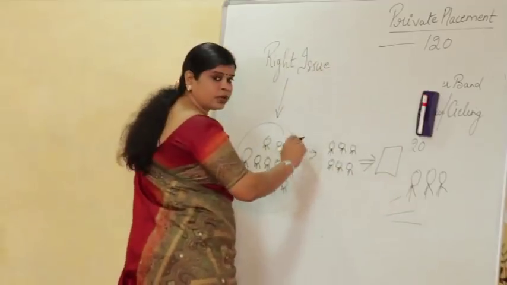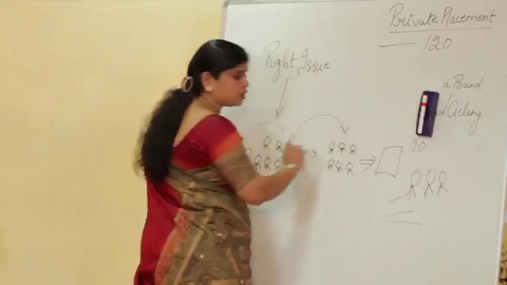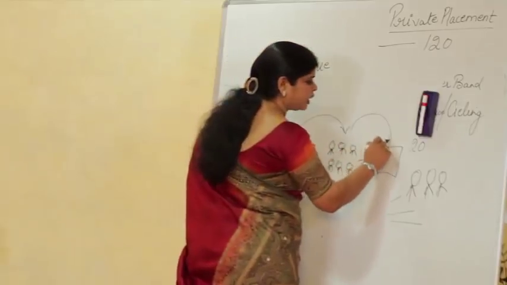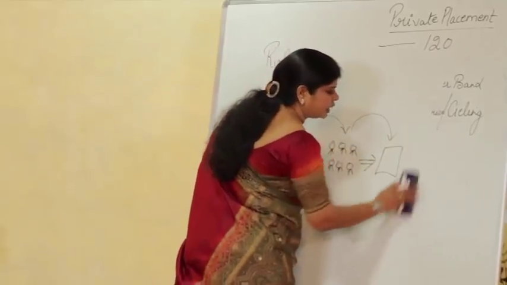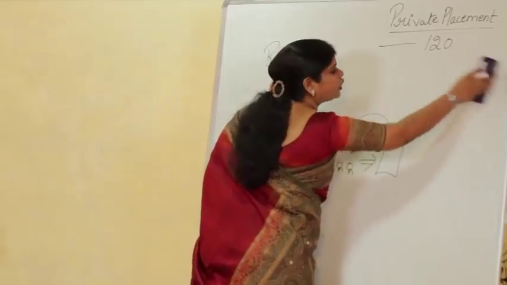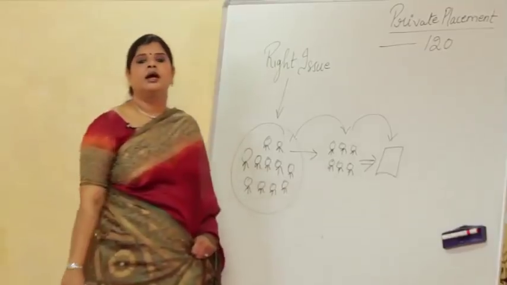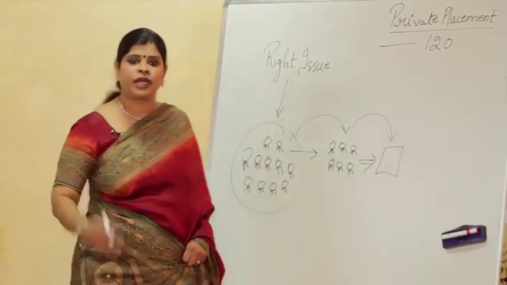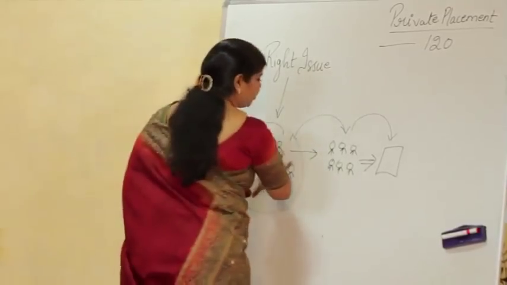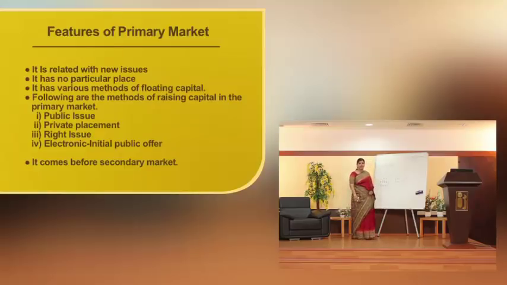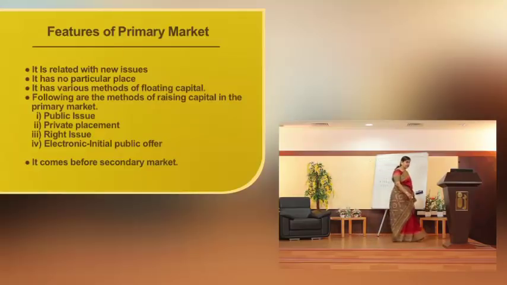These shareholders are going to invest their capital through the rights issue. So rather than approaching a new set of people and diluting my control to a higher extent, I can approach the same set of people and get funds from them. That is done through a rights issue.